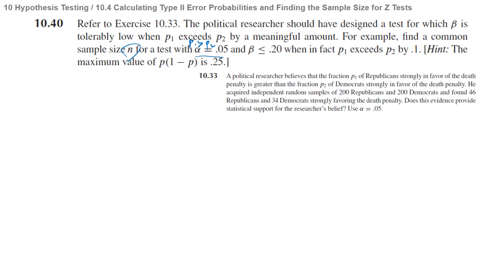Here our hypothesis is that H0 is P1 equals P2, and the alternative is P1 is greater than P2, and actually P1 minus P2 is 0.1. We want to calculate beta for this case.